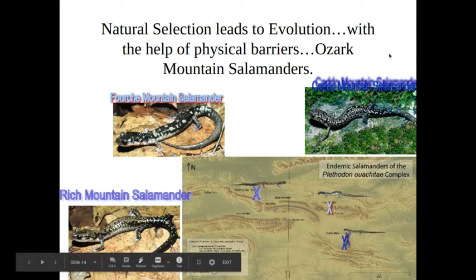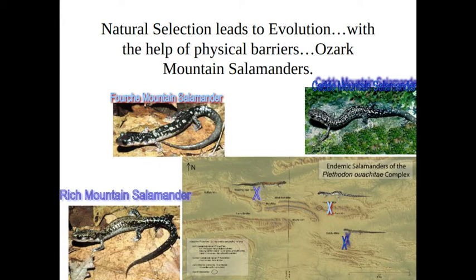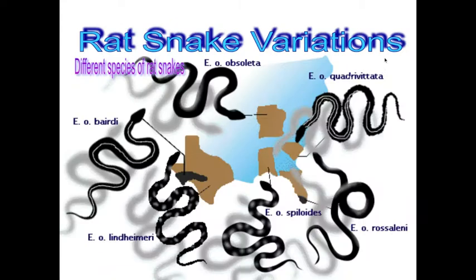I actually was in a herpetology class and went and looked for these salamanders on a collection trip. Here are some different variations that you are familiar with. The black rat snake is found in Kansas, and you'll notice these different variations across the different states. These are variations that you can find in those states.